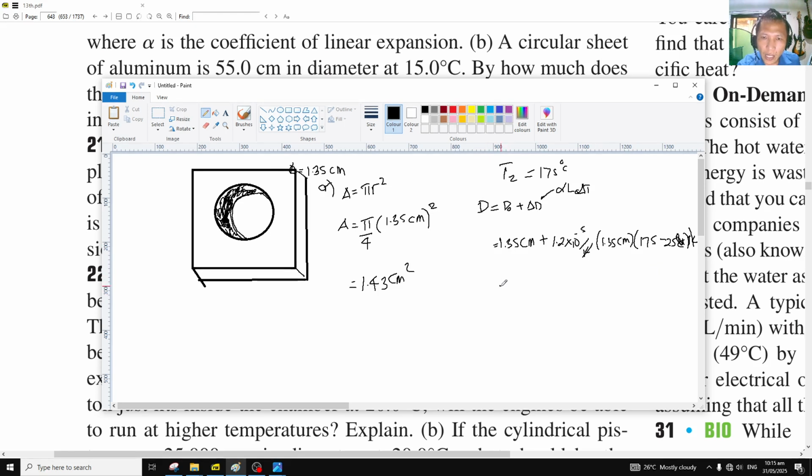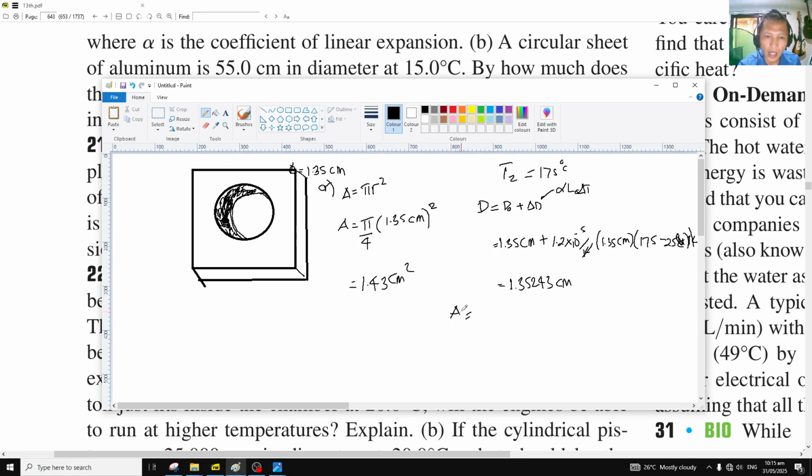Okay, so you would have the new diameter to be 1.35 plus 1.2 exponent negative 5 times 1.35 times 175 minus 25 degrees Celsius. And that will give us 1.35243 centimeter. So this would be centimeter.